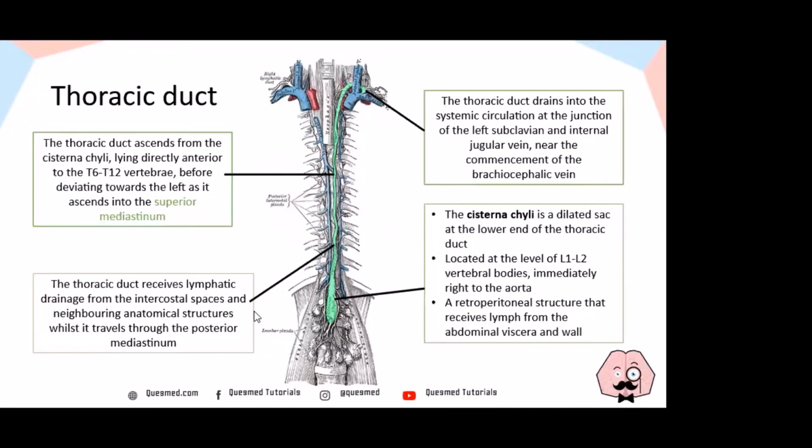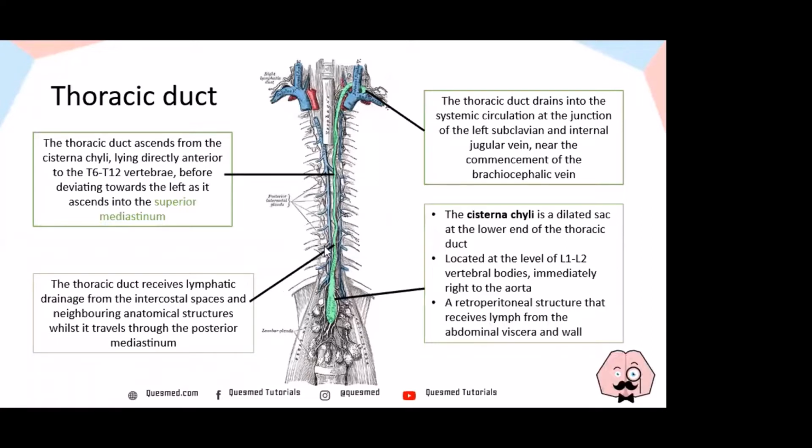The thoracic duct isn't something you can see on imaging normally, but it's still important for various reasons. It originates at your cisterna chyli, which is high up within the abdomen. It's immediately right of your aorta, and it passes into the chest through the aortic hiatus.